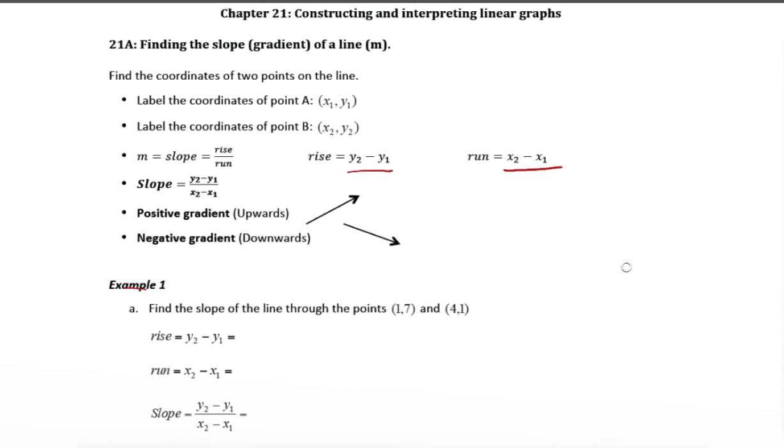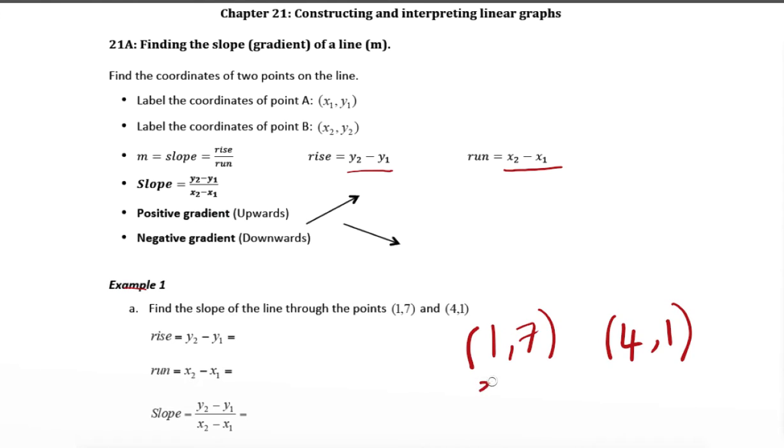Now we can draw these 2 points up like we did before and draw a triangle and find the rise over the run that way. Or we can use our algebraic approach. So the first thing we want to do is label our coordinates. Since these coordinates are looking so tiny here, and I think I'm going to write all over them, I'm just going to write them separately here so that I can label them.